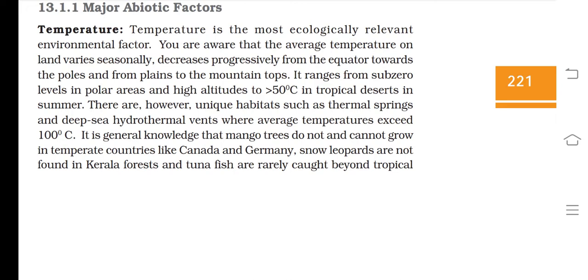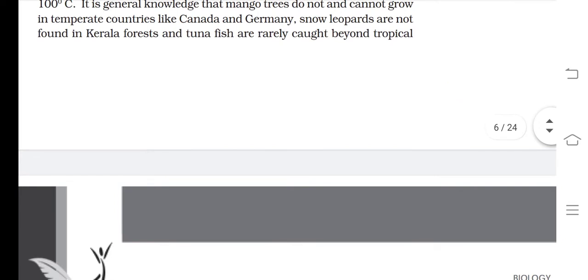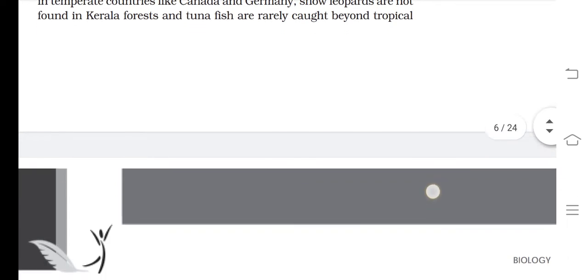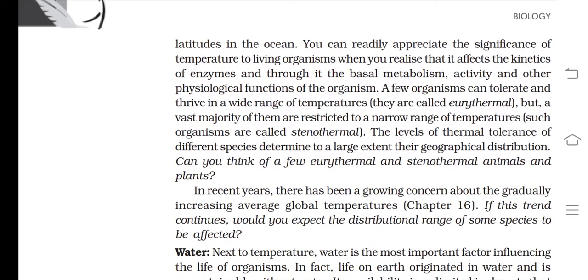We can say that mango trees do not and cannot grow in temperate countries like Canada as well as Germany, while snow leopards are not found in a Kerala forest. And if we talk about the tuna fish, then tuna fish will not cross their boundary.